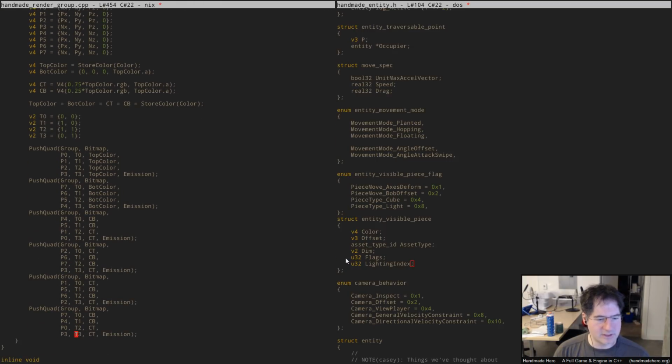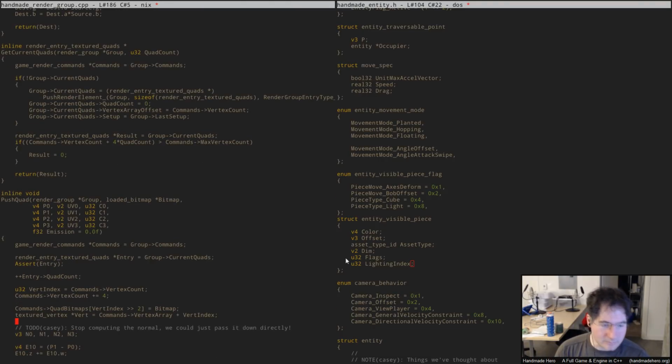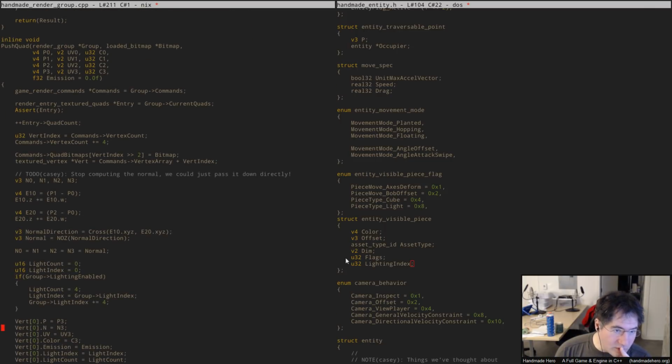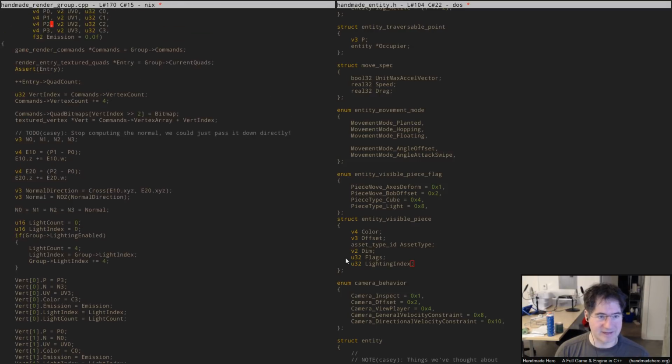So if you take a look at what happens here in push quad, right now we've got this light count and light index stuff getting set as sort of an arbitrary thing. What I'd like to do is upgrade this to something where we are passing that down.